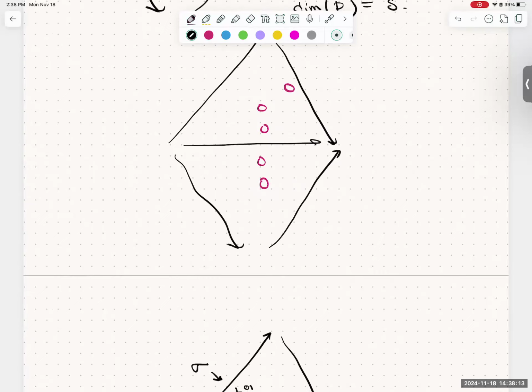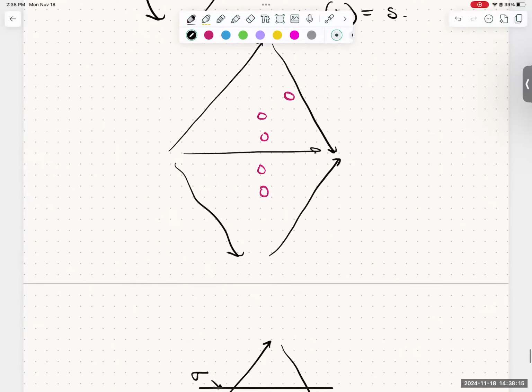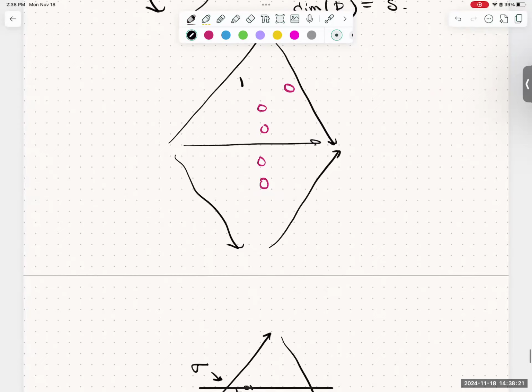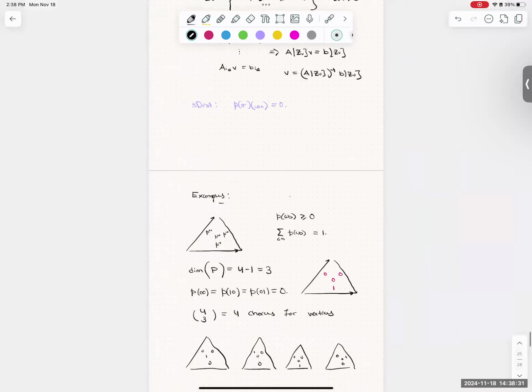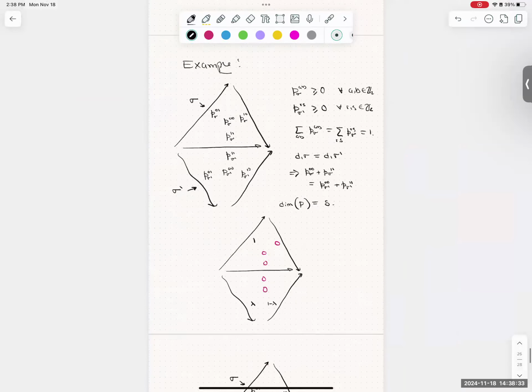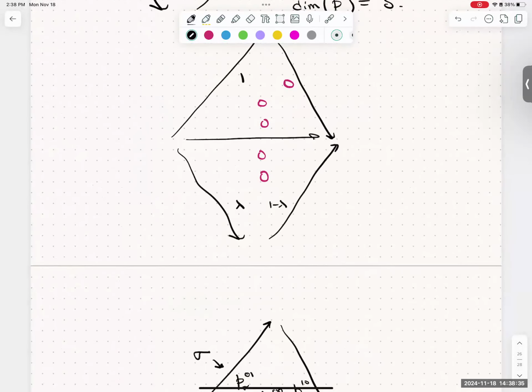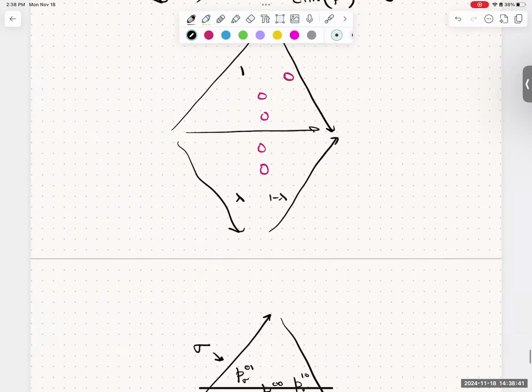What does the distribution work out to be? So in this simplex, normalization requires that I have to have this one be 1. But on this second simplex, if I make this one lambda, which is just some non-negative parameter, then this other one is 1 minus lambda. So it is not a unique solution. So something went wrong, and what went wrong is that these zeros are not linearly independent.